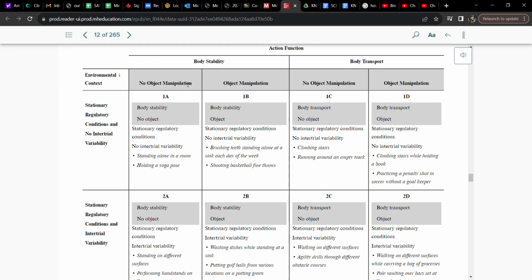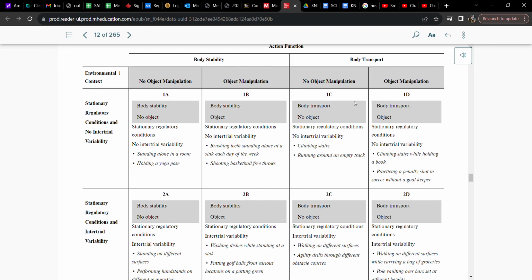As we move through this, you're going to see that as it gets more complex, there's going to be more object manipulation, which would be like a 1B. This would be like shooting basketball free throws. I'm just standing in one spot, nothing else going around me, just throwing a ball. So I'm manipulating an object with a stationary body in a stationary environment.